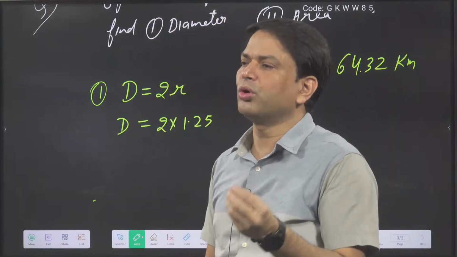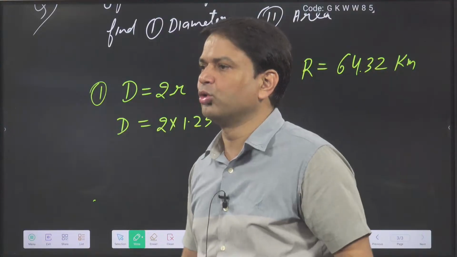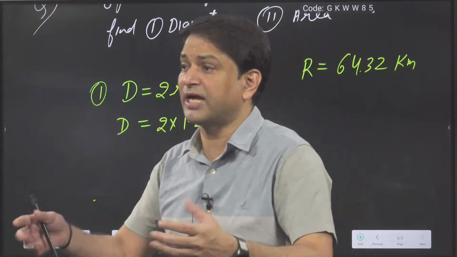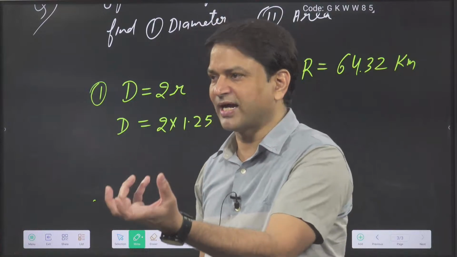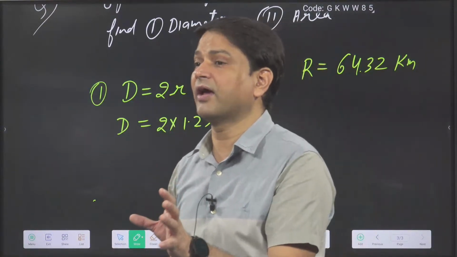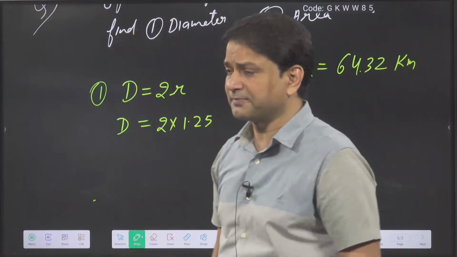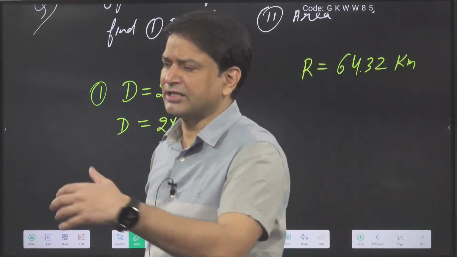So this 2 is not a measurement, it is an exact number. 2 times, 10 times, 20 times, 30 times, that we are not measuring in the lab. That is an exact number, so it can have infinite significant figures. Like suppose I am saying your NEET marks increase by 2 times.